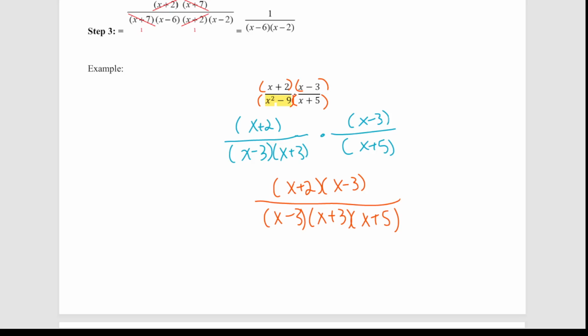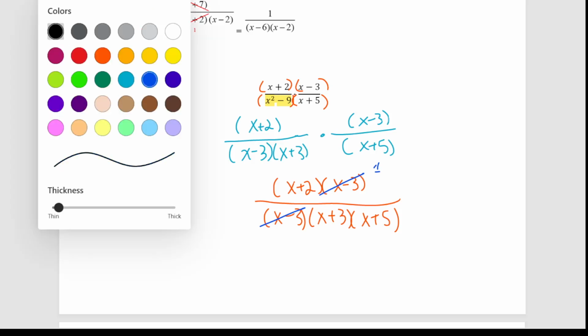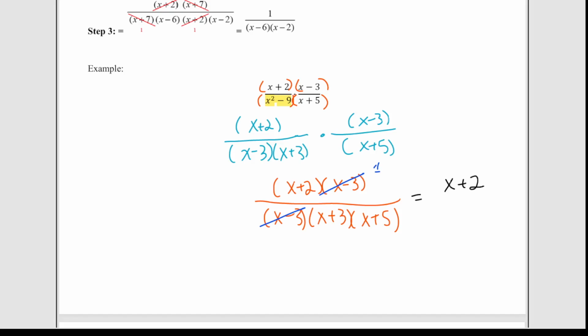Then I'm going to notice if anything's going to simplify, and in particular x minus 3 divided by x minus 3 is going to make 1. And what I'm going to be left with is x plus 2 over x plus 3 times x plus 5. Now if the particular problem wants you to then FOIL out and redistribute that denominator, go ahead and do that. Otherwise, for most classes, I think that would be considered a nice, beautiful, simplified form.